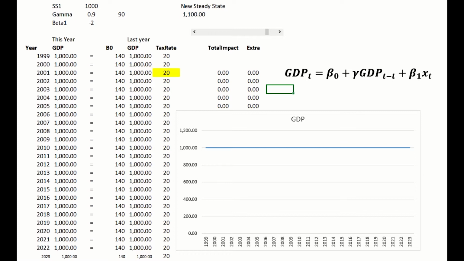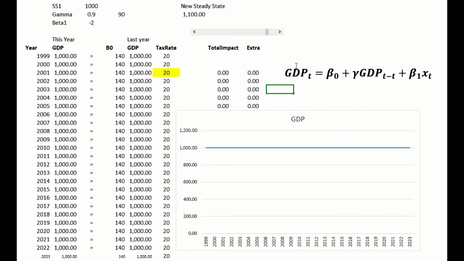What I've set up here is a model of GDP where GDP is equal to a constant plus the previous year's GDP times our parameter gamma, which is our persistence parameter. And X is also going to influence GDP, and that's what we're going to be interested in.